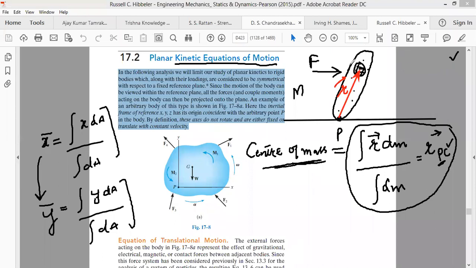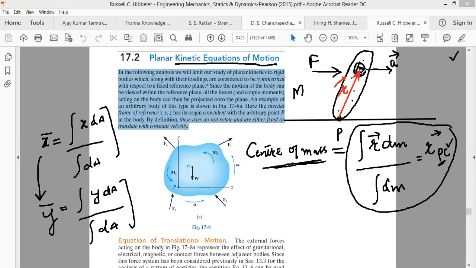This small element is subjected to a force, since it is accelerating with an acceleration of a. From Newton's law, force is the product of mass and acceleration.